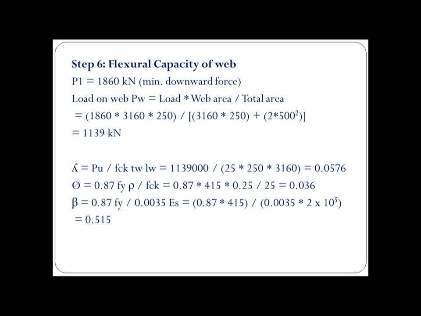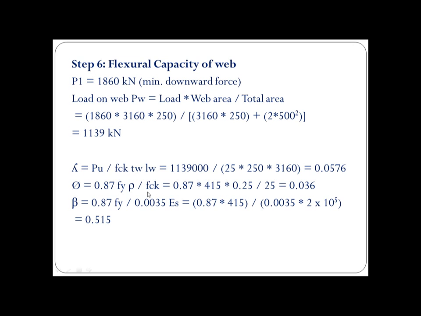Whereas boundary elements are 500 by 500, two of them, so we get the total area, and by this proportion we get the load on web as 1139 kilonewtons, and from this one we calculate lambda, phi, and beta.